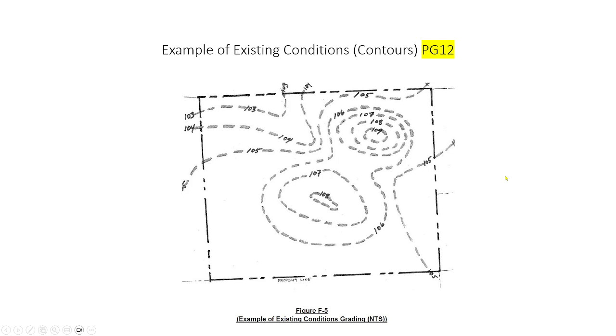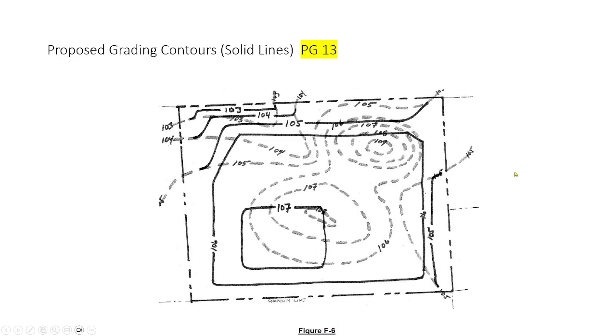So let's take this and let's put some maybe proposed grades on it. There we go. All right. Now we still have the same existing grade, the dashed lines. Nothing has changed there, but we've included now the proposed grades. See this right here? This whole big square is set at 106 feet, and that is a contour.